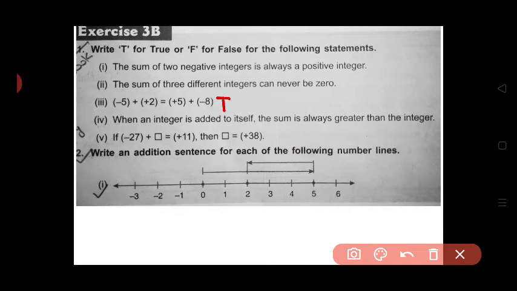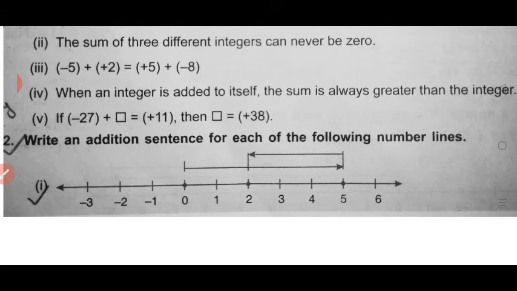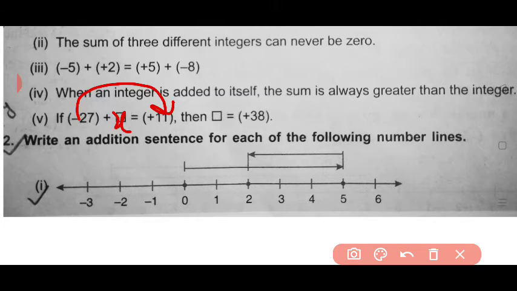When an integer is added to itself, the sum is always greater than the integer. That is false. The next one is: if -27 plus space is equal to +11, then space is equal to +38. Let's check this. -27 plus space is given, so in that case here we put x. So -27 will move to the other side and it will be added.